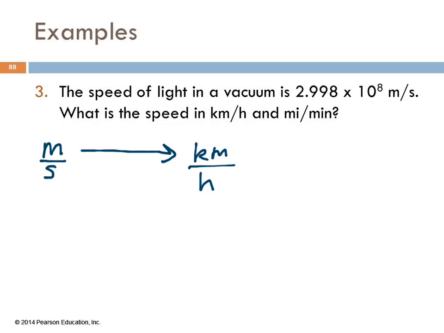What's an intermediate unit that we could use? Minutes. We could go seconds to minutes and minutes to hours. So what's the relationship between meters and kilometers? A meter equals a meter, right? And I'm going to put the K in front of one of them. And what does K mean? 1,000 or 10 to the 3.